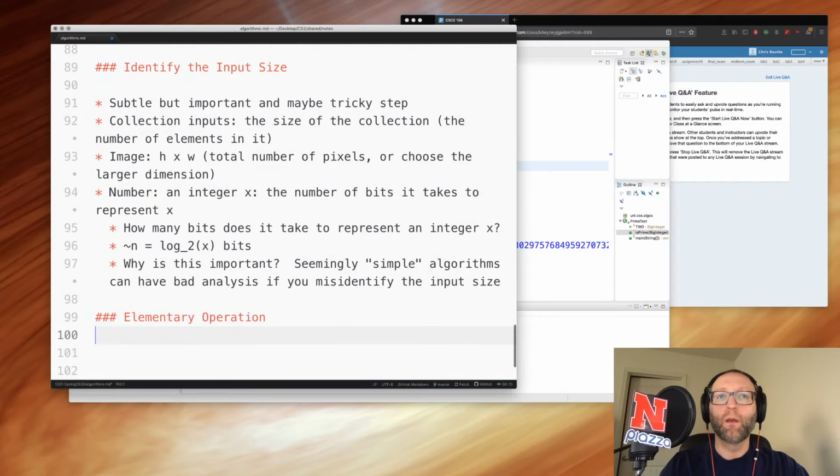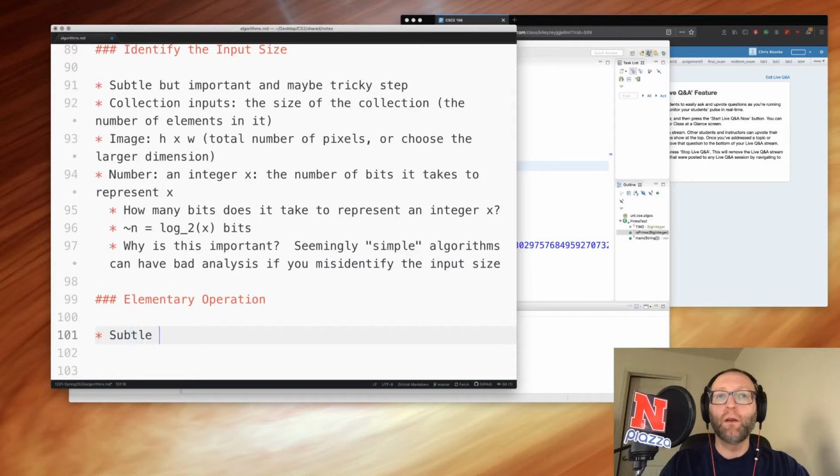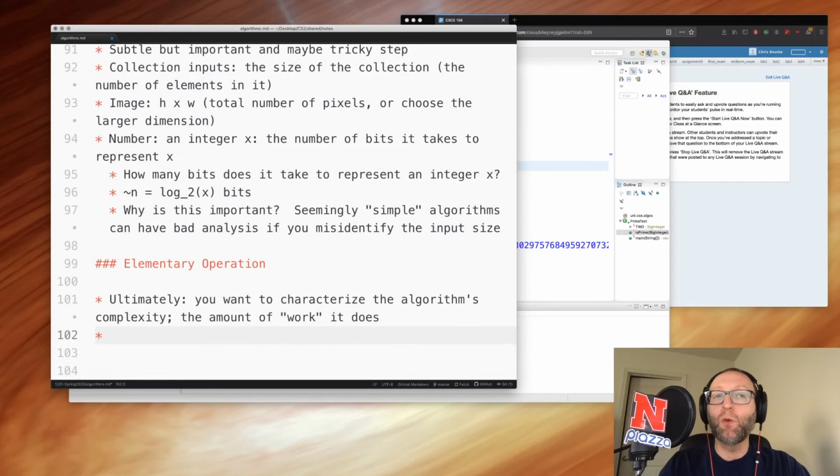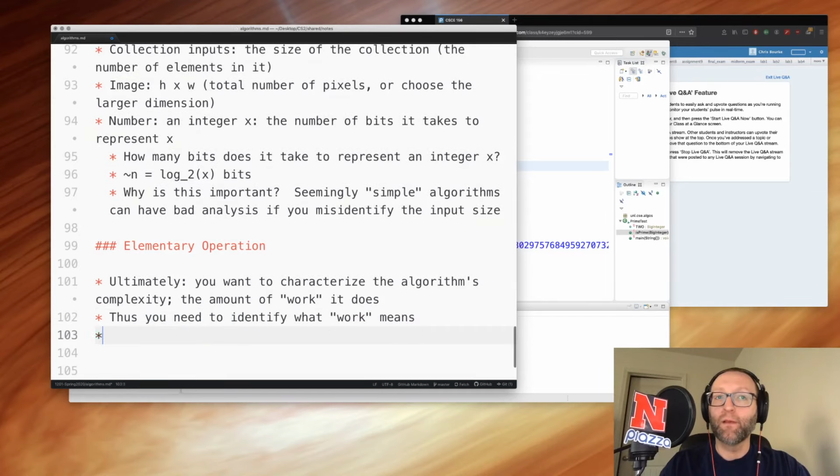Right? This is also subtle but important. Basically, ultimately you want to characterize the algorithm's complexity, the amount of work it does. Well, then obviously you need to identify what work means.